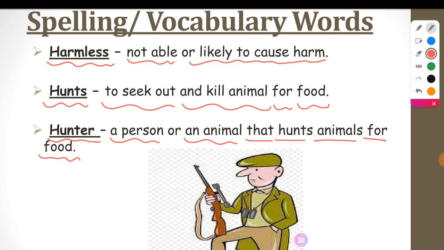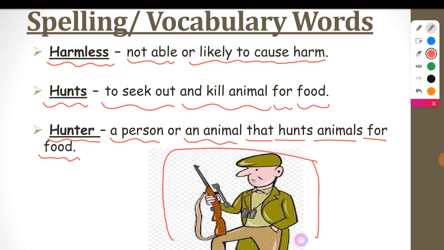This man here is a hunter. He's a person, so he hunts animals maybe for food or maybe for pleasure. So he's called a hunter.